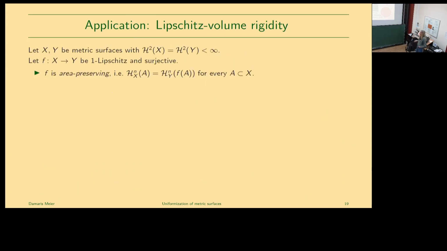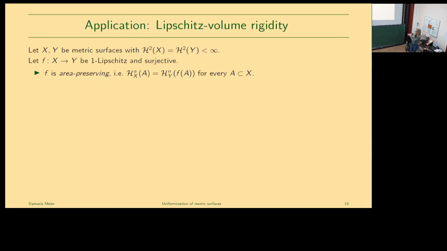Now, what kind of intermediate results do we get? First we make an observation, namely, if we have two metric surfaces of the same Hausdorff measure and a 1-Lipschitz and surjective map F, then this map is area preserving in the sense that if we take a measurable subset A of X, then the Hausdorff 2-measure of the image is the same as the Hausdorff measure of the original set.